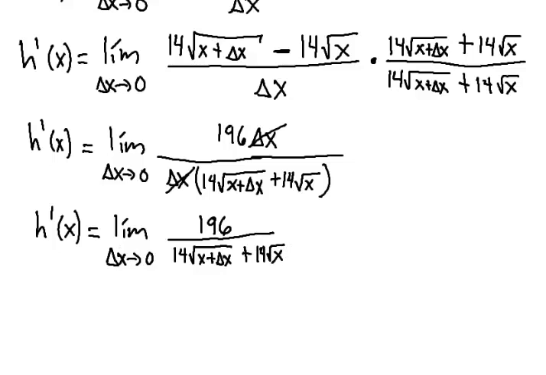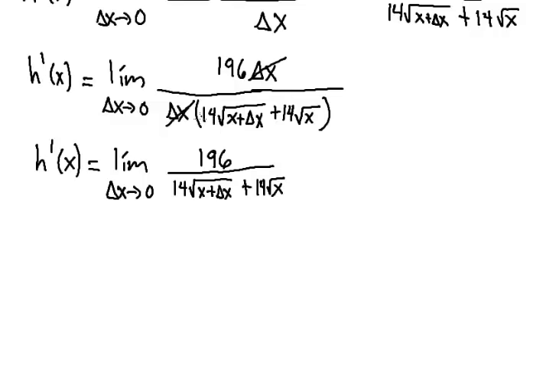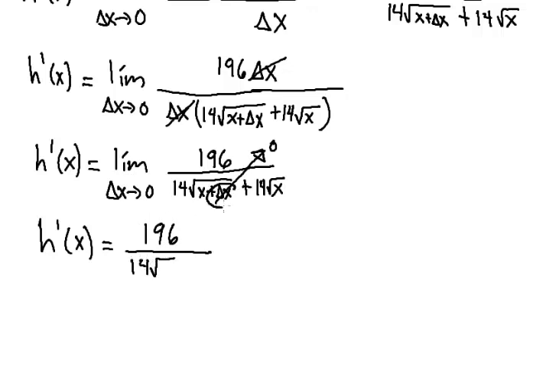Now this can be substituted. Now you apply the limit. That means this thing will become 0. So you will get the following. H prime of x equals, now that I apply the limit, this thing disappears. It will be 196 divided by 14 square root. Since this one became 0, it no longer exists and you only have x, so square root of x.